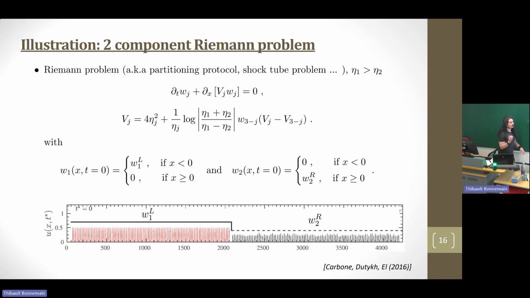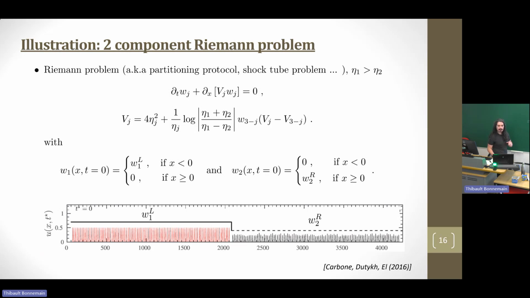It corresponds to an initial value problem where you have a piecewise constant initial condition with a discontinuity at x equals 0. Here I will focus on the two-component Riemann problem, which we can solve explicitly without even having to resort to the inverse scattering transform.